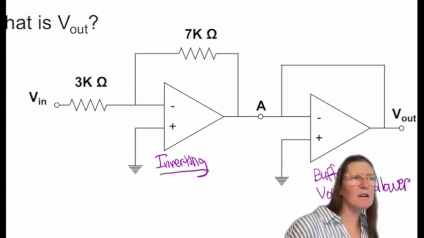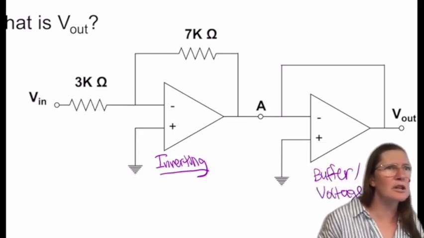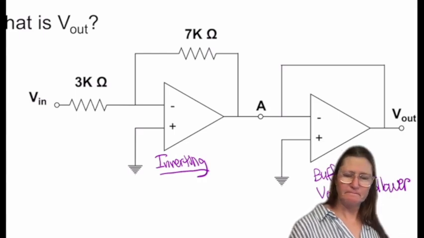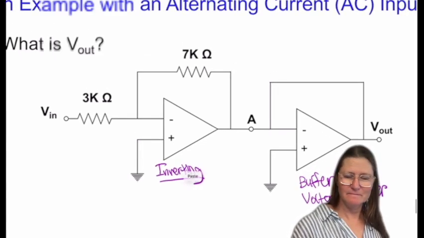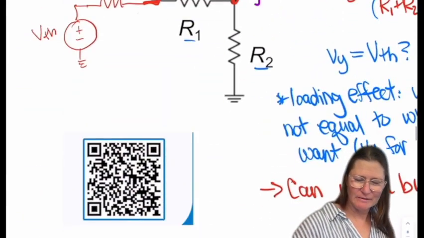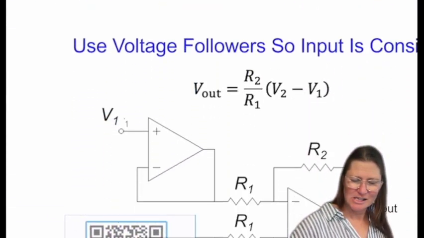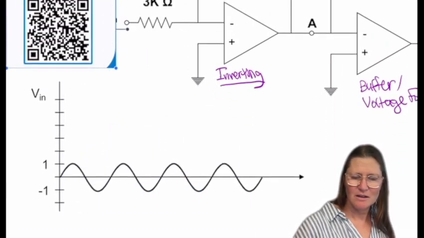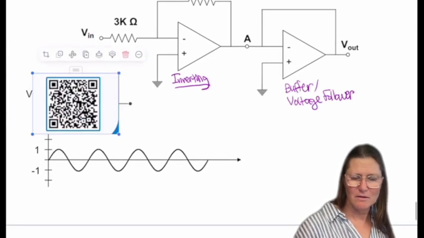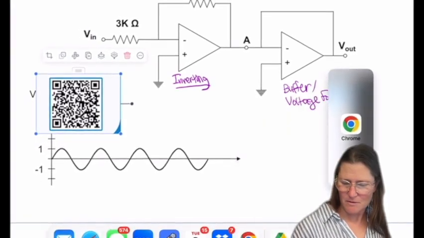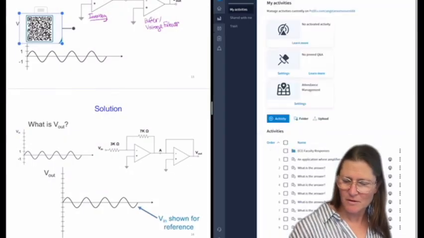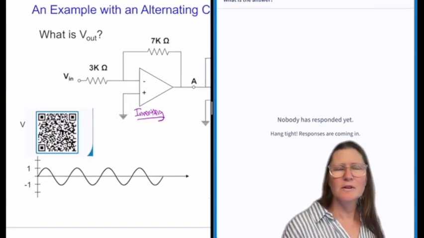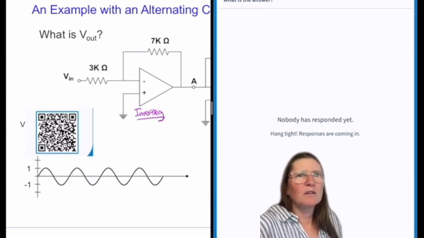So if this is inverting, if you want to go back and look at that equation, what is the gain for the inverting? So what is your gain here?